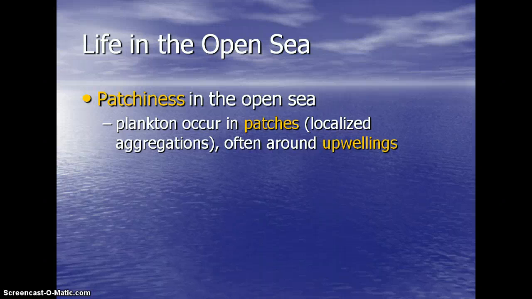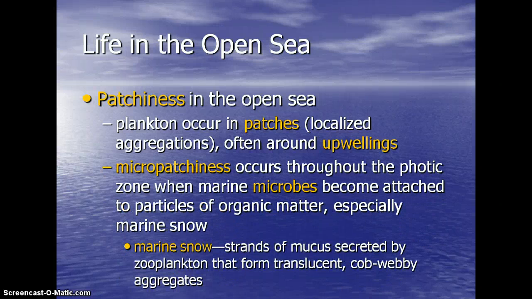And then we will also have what's called micropatchiness. And micropatchiness occurs throughout the photic zone when marine microbes become attached to particles of organic matter, especially marine snow. So basically what happens is you get this mucus that is produced by certain animals, and microbes, things like bacteria, attach to that mucus and become heavy, and they become what we call marine snow.